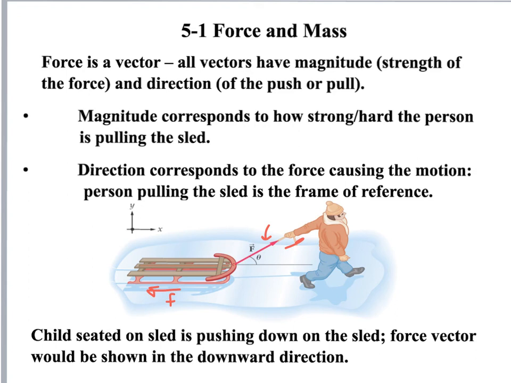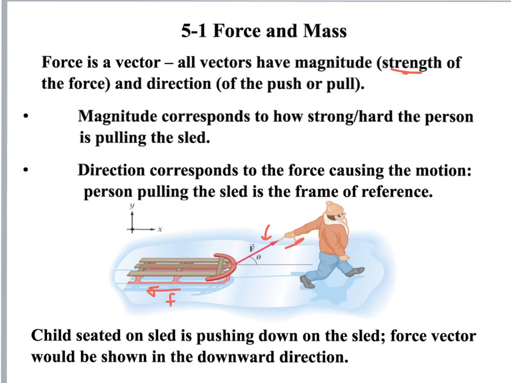Pretty much all the force vectors we're going to be talking about, friction, tension, contact forces, we'll get into those, but all of those are going to have a magnitude that's really telling us how strong that vector is. And then, of course, since it's a vector, it has a direction too, and the direction is the direction of the push or the pull.